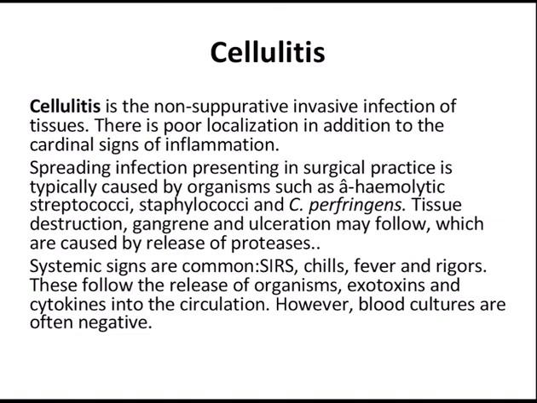Systemic signs are common: systemic inflammatory response syndrome, chills, fever, and rigors. These follow the release of organisms, exotoxins, and cytokines into the circulation. However, blood cultures in cellulitis are often negative.